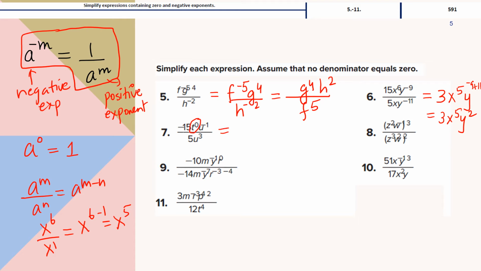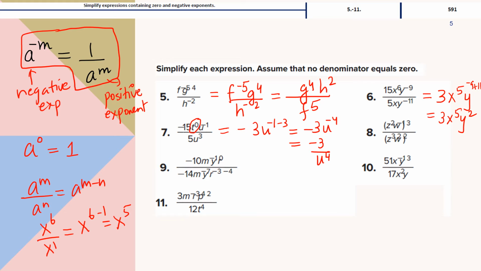Let's solve this one. Here it is negative sign, so negative 3, 15 divided by 5. T to the power 0, as I already told you, became 1. U to the power minus 1 minus 3 would give you minus 3 u to the power minus 4. We don't like negative exponents, so we are going to make it positive by bringing it down. So this is the answer.